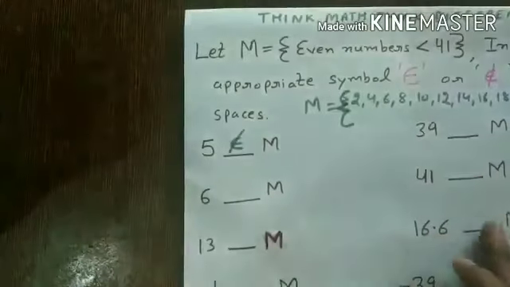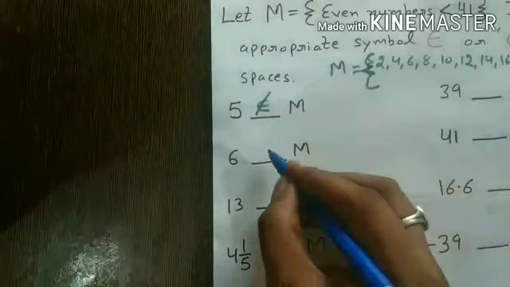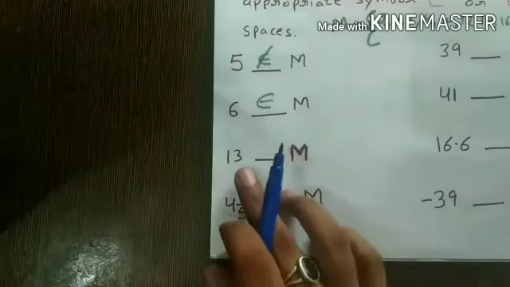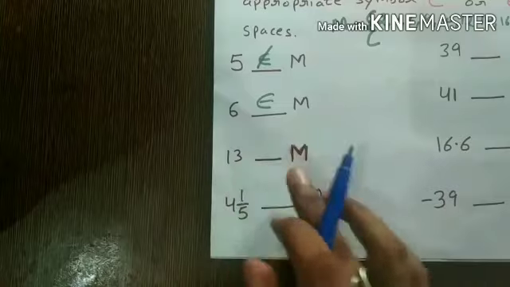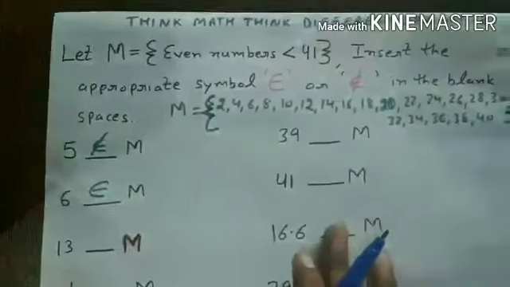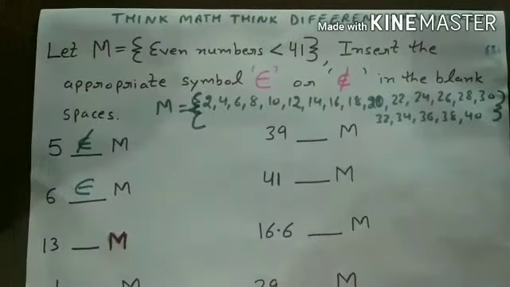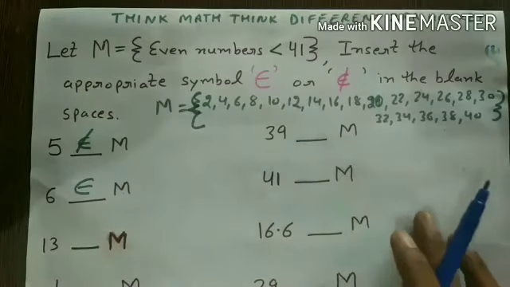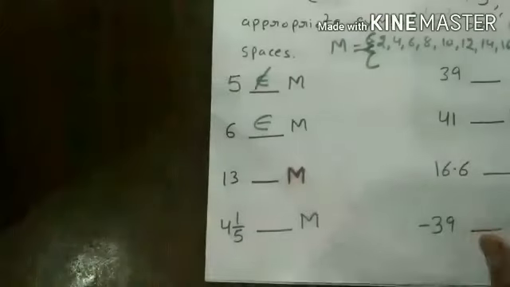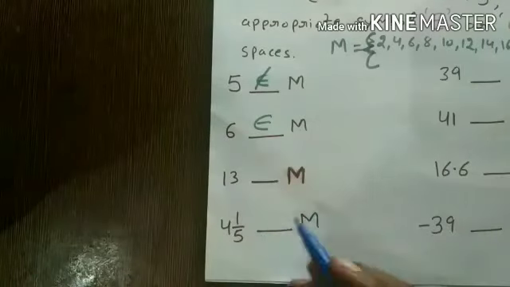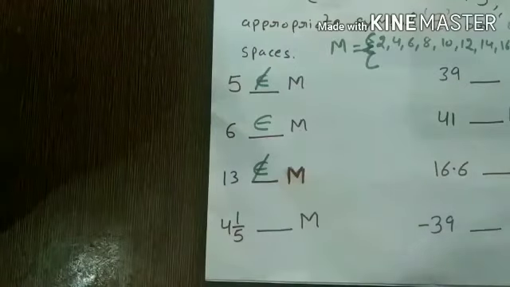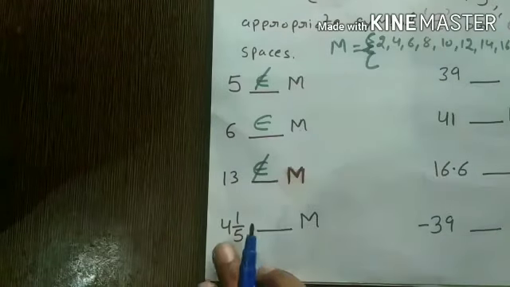Next part is 13 and M. Is 13 there in the set or not? After 12 comes 14. So 13 is not there because 13 is an odd number. So which symbol will you write? Does not belong to. Simple.